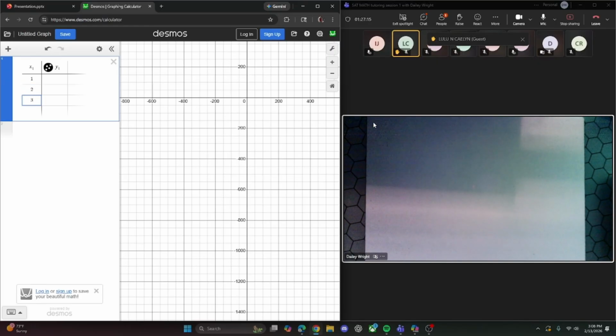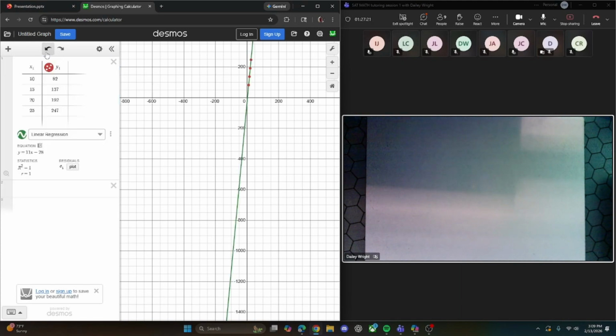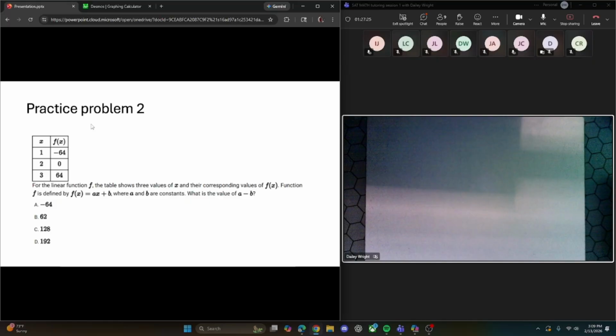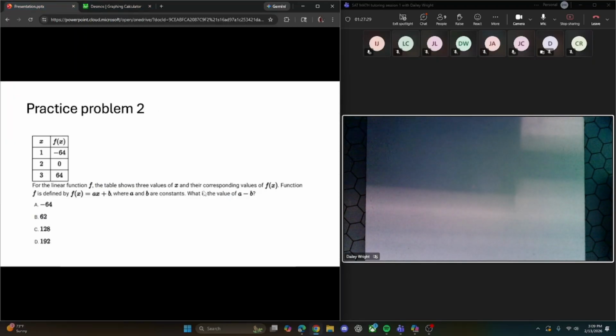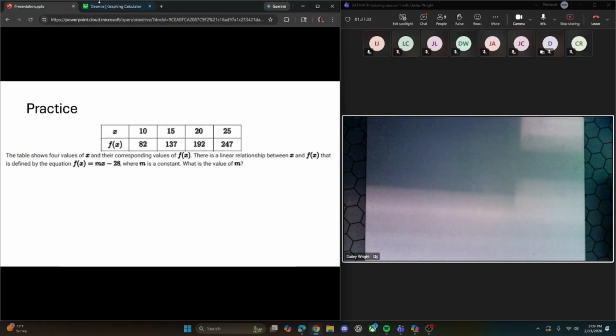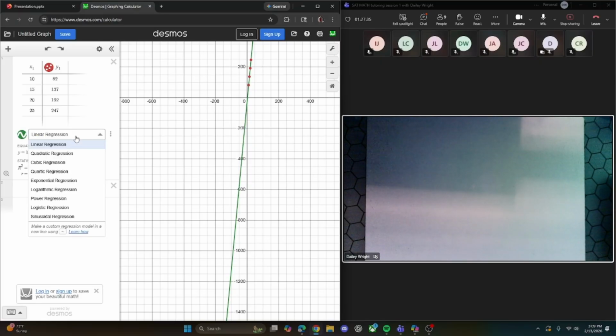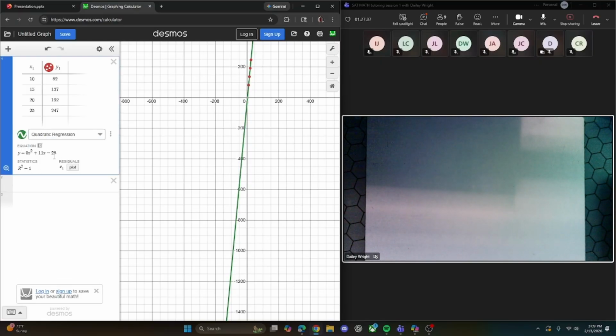What's up, Blue? Why did you put the line as linear regression? Here, let me go back to that. I put this as linear regression because linear regression will give you a linear function, and it says it has a linear relationship in the last problem. If it said it had a quadratic relationship, I would use quadratic regression, and then it gives me the function as a quadratic function.